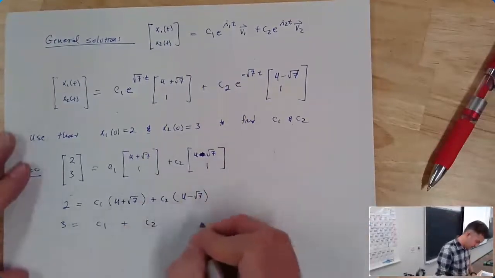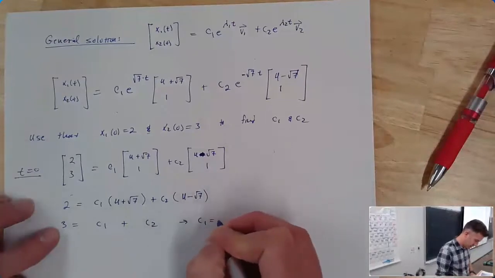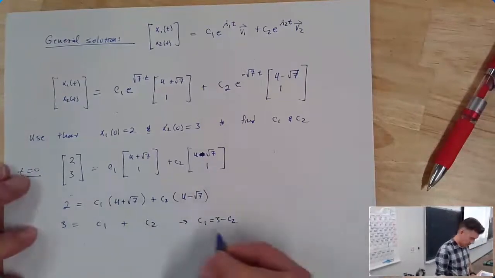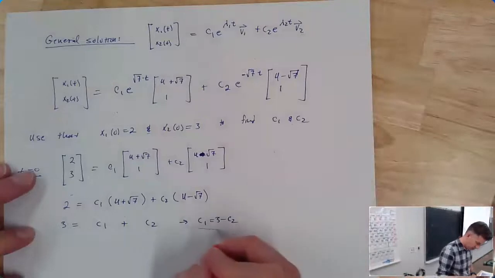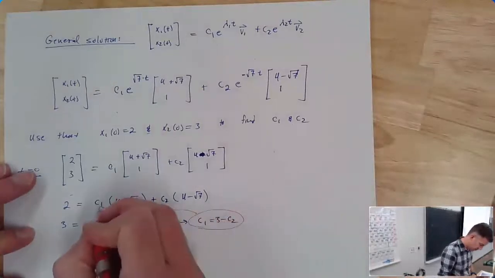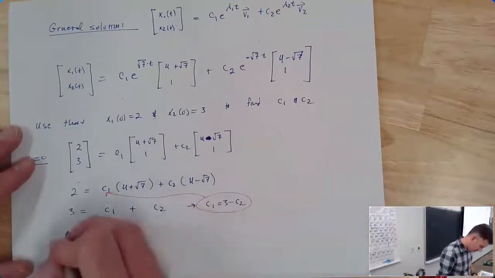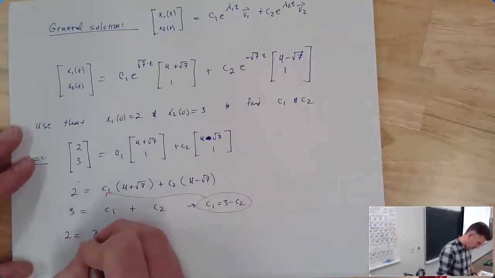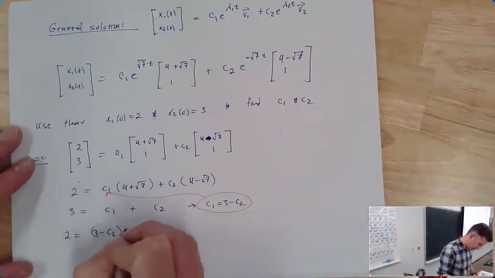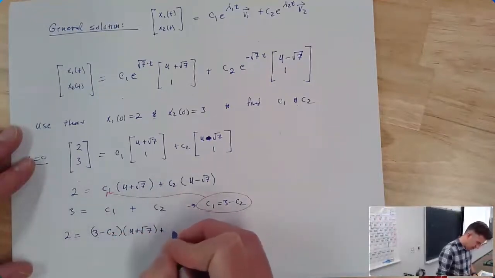Let's say that C1 equals 3 minus C2. And then we'll substitute that back in for C1 in the first equation. So then we're going to get 2 equal to (3 minus C2) times (4 plus root 7) plus C2 times (4 minus root 7).